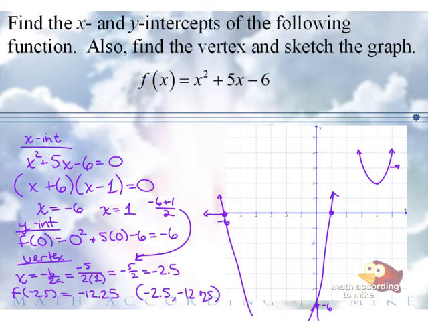No, so this guy has no x-intercepts. What's the other scenario where you won't have x-intercepts? If the vertex is below and opens down. Yep, this also has no x-intercepts.